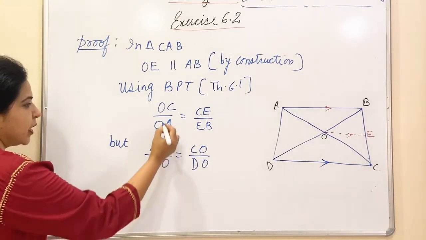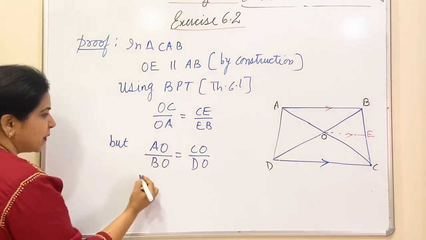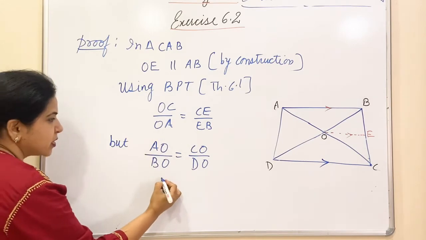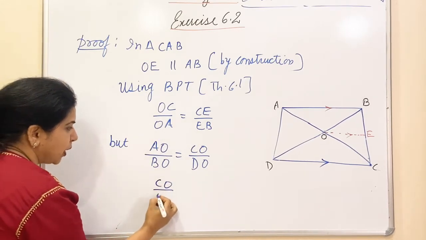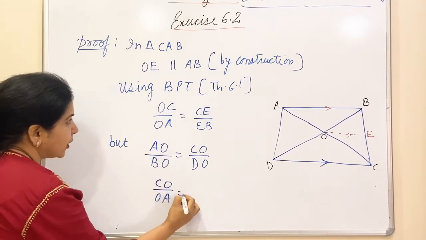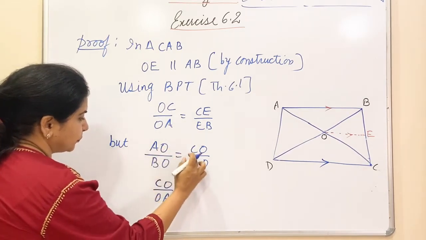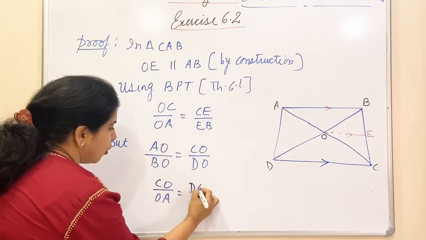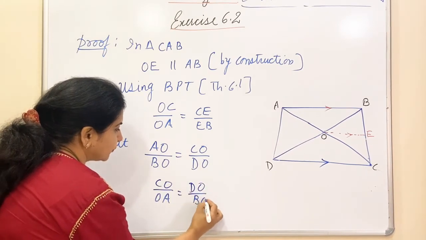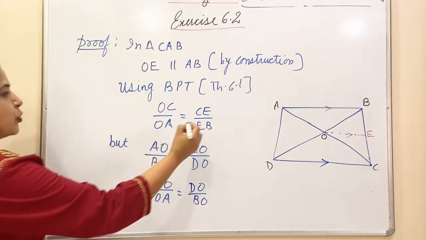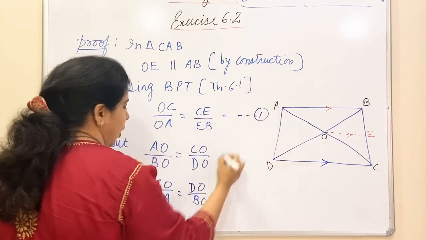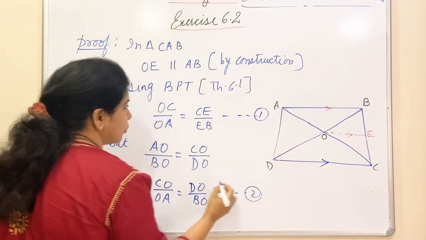So taking by cross multiplication, we can write CO upon OA is equal to DO upon BO. Okay. So this is equation 1 and this is equation 2.